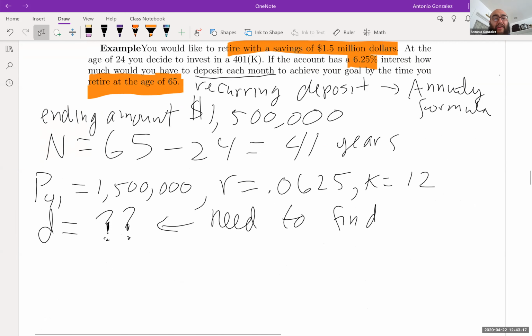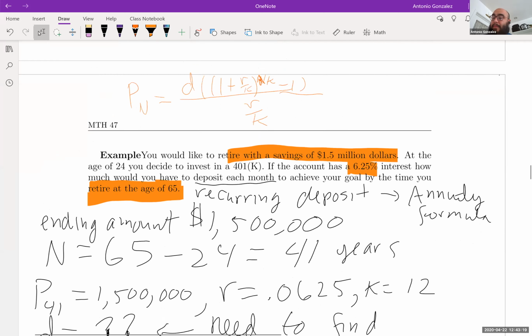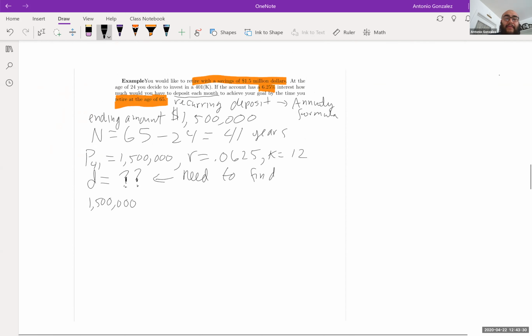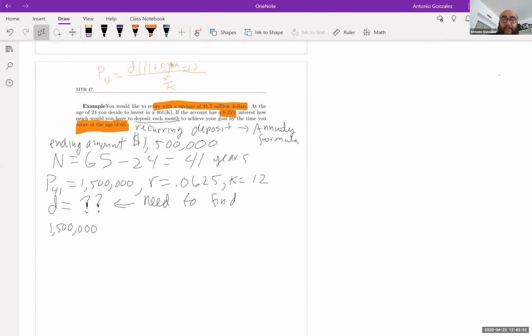Let's start off by plugging in what we know. P of 41, which is 1.5 million, is equal to D, my unknown, times 1 plus R over 12.